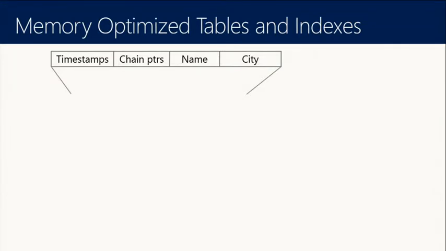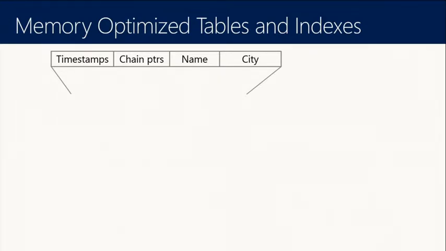So that is the basics of a hash index, and I will show you now how this interacts with the rows in a table, and also what the rows in a table roughly look like. Rows in a memory optimized table consist of a header, which has a timestamp and a number of index pointers.